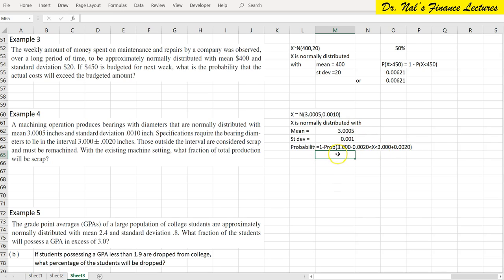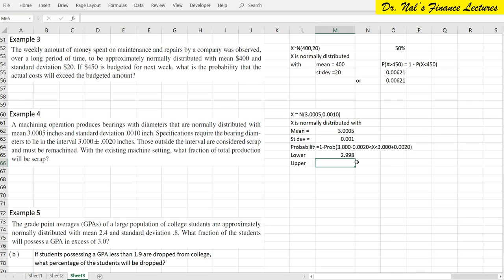Let's just calculate the lower range and the upper range. The lower acceptable bound is 3.000 minus 0.002, and the upper acceptable bound is 3.000 plus 0.002. As long as the diameter is within those two, we should be in good shape.